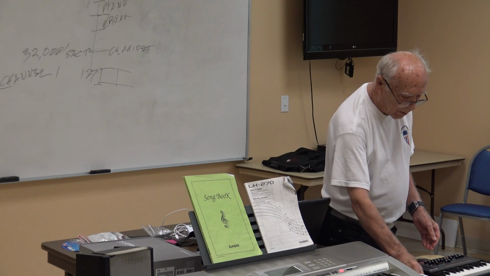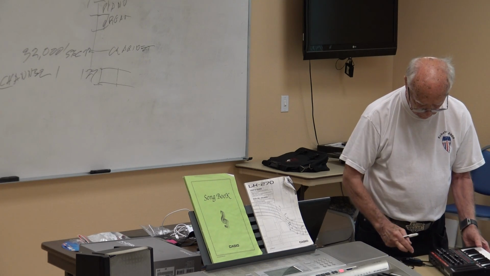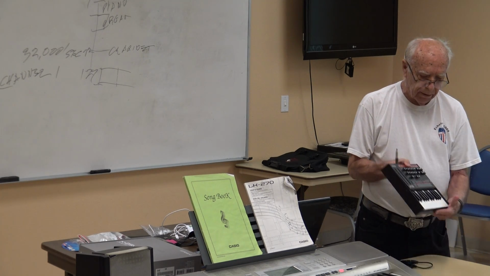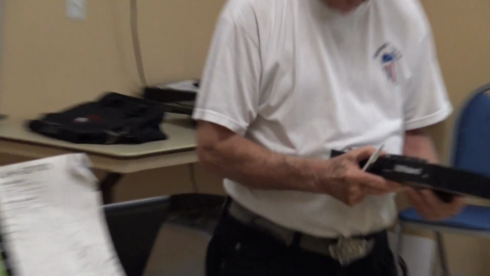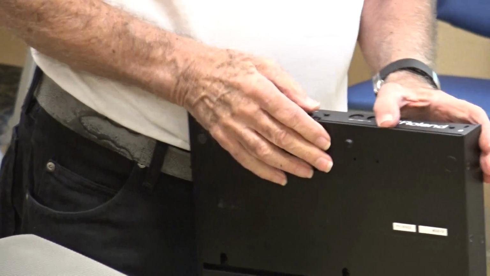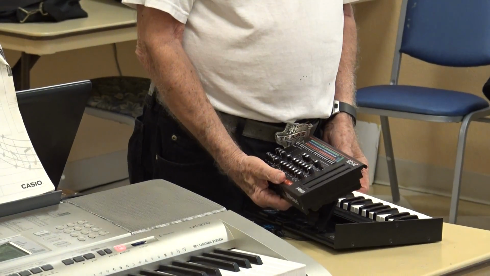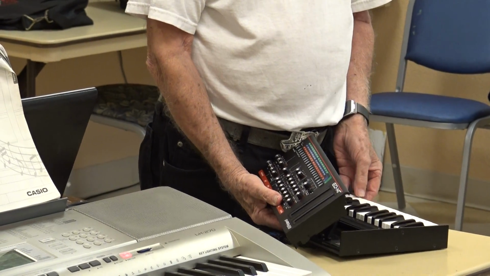So what we're working with right now is this here. And this is a keyboard made by Roland. And these come off. So these are modules. So this is your keyboard here.